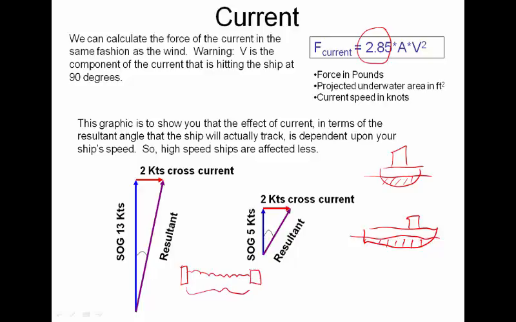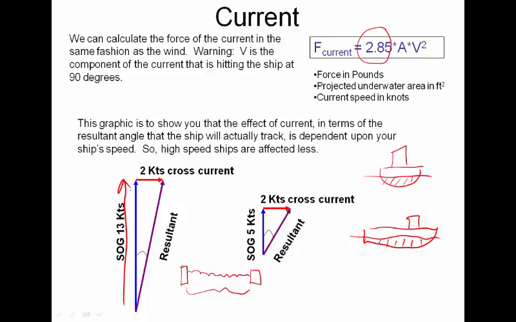Distance equals rate times time. So if I allow this current to act on my vessel, over a longer period of time, I'm going to have more of a cross-current push. So it's going to push me further and further off track. Now the faster I go in this direction, it's going to push me less and less off track.